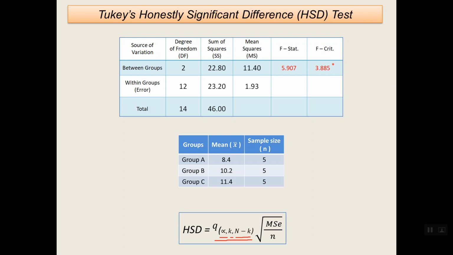So this is the first thing we should determine, Q. The other thing is the mean square of the error, and we can get it from the one-way ANOVA table. This value is equal to 1.93. The third thing we should know is the value n. n is the sample size for one group, because the three groups are of the same sample size.